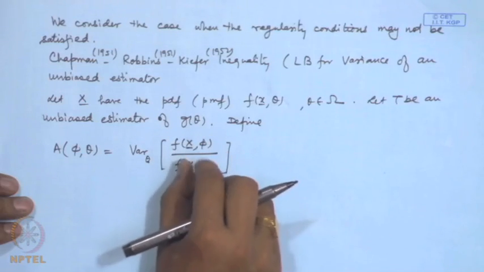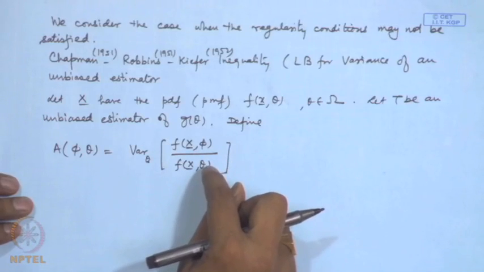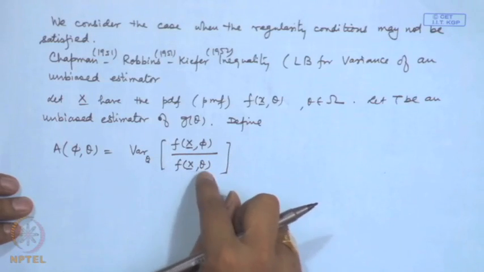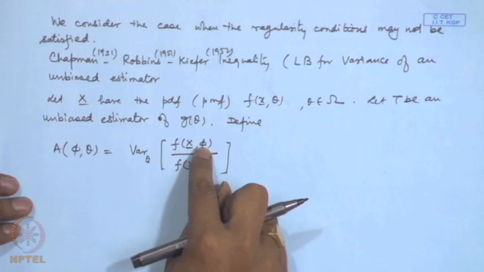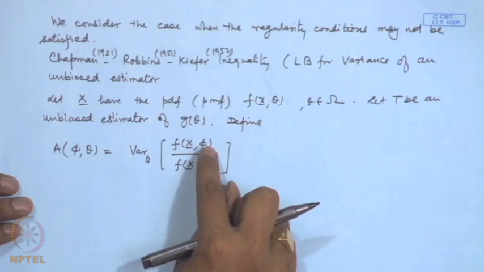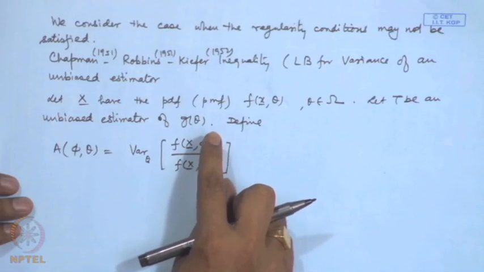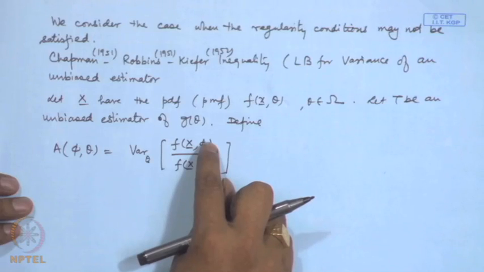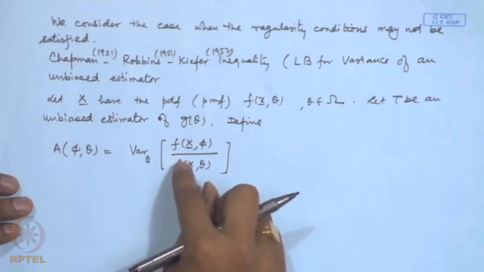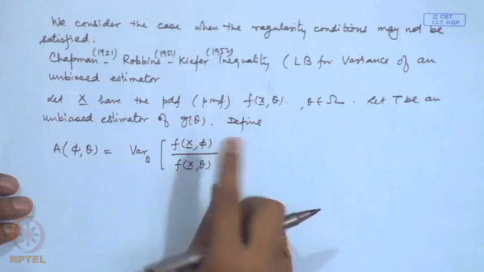Obviously, when we write this ratio, we should have certain conditions. For example, I should not have the case when f x theta is 0 and f x phi is non-zero, because then this will give me an infinite term. That means, the set of values for which the density function f x phi is positive should be a subset of the set of points for which f x theta is positive.